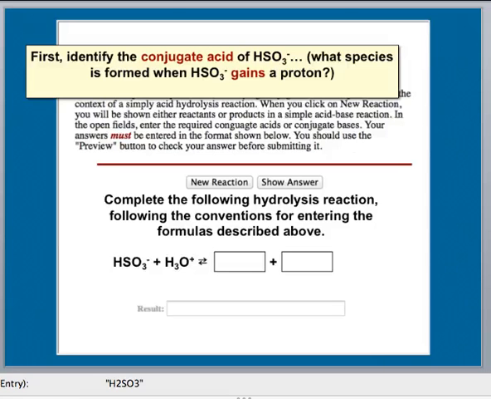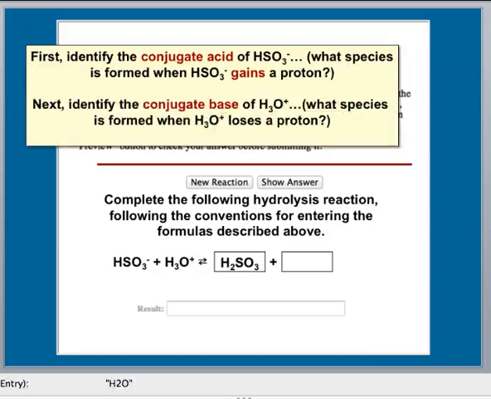So it's going to be hydrogen sulfite plus H plus, and that's sulfurous acid. When water acts as a Bronsted acid, it loses the proton. What does it form? Water. Any questions?